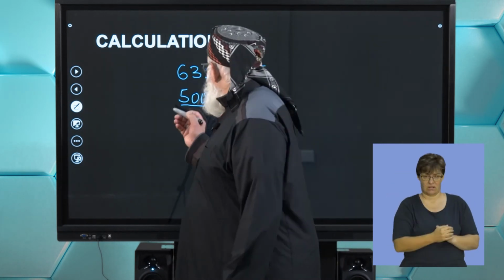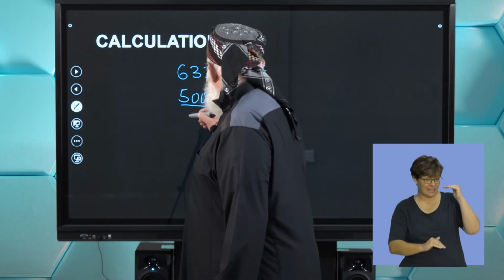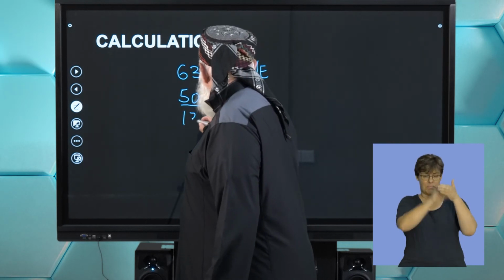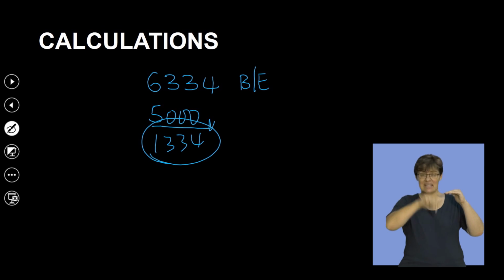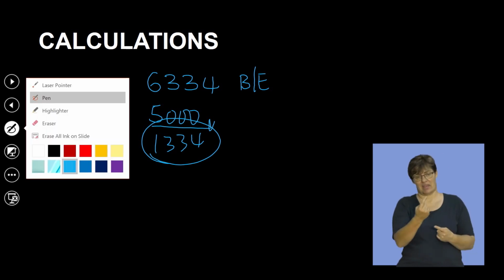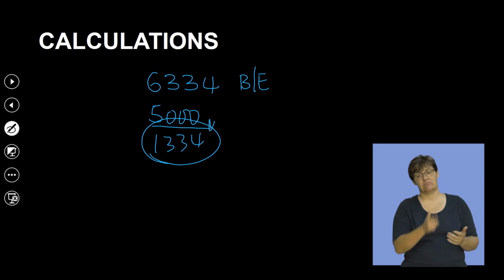How many units are they under manufacturing? Obviously, if you do the maths there, it's 1,334. They are under the break-even point by 1,334 units.